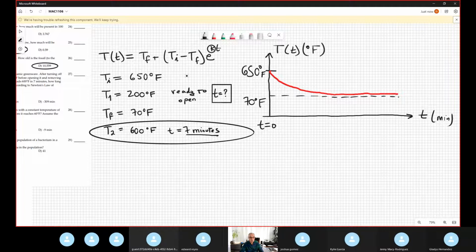But we have temperature 1 and we have temperature 2. Temperature 1, I suppose, is 200, here.